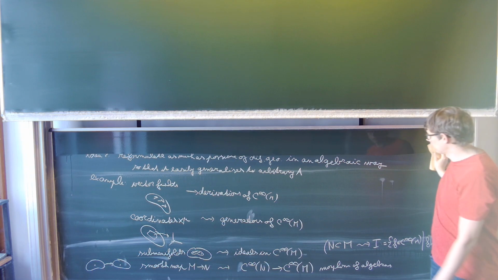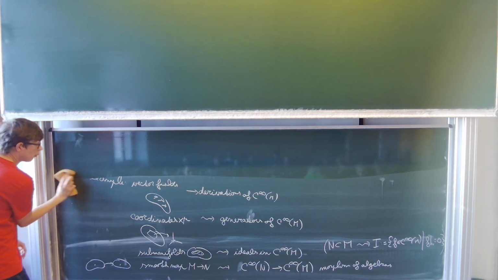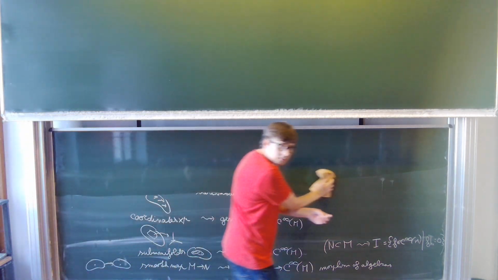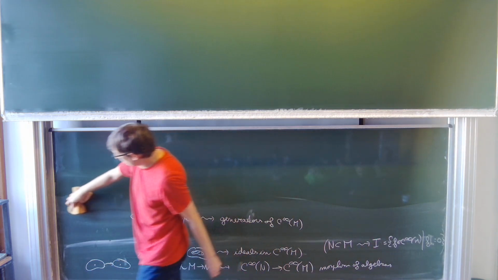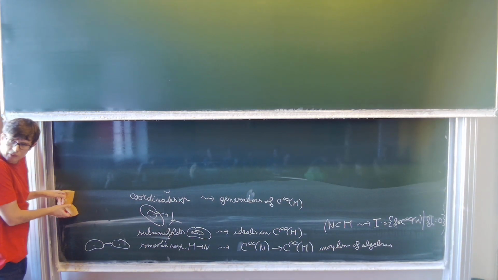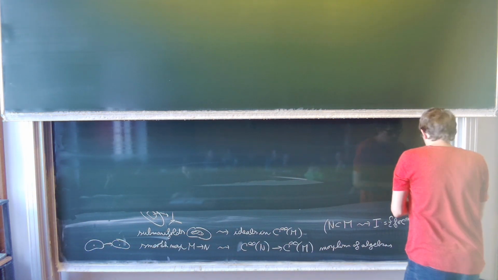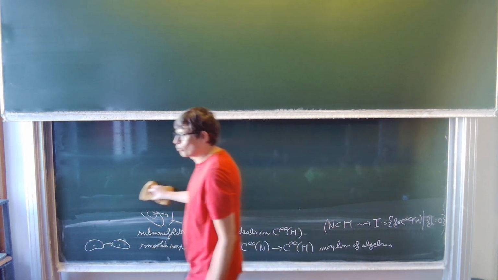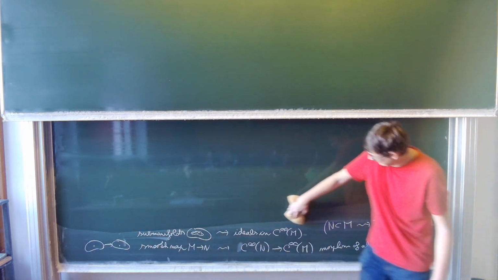So we need to explain, if you have a smooth map from N to M, what should we give on the level of sheaves? We will do that in a special case of supermanifolds only, because there are various things you can do with sheaves. Okay, we will see in the special case of supermanifolds.